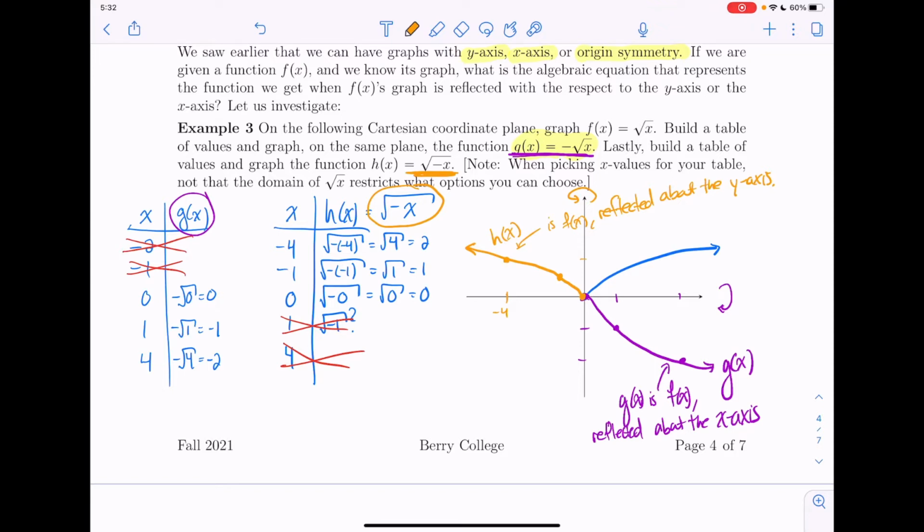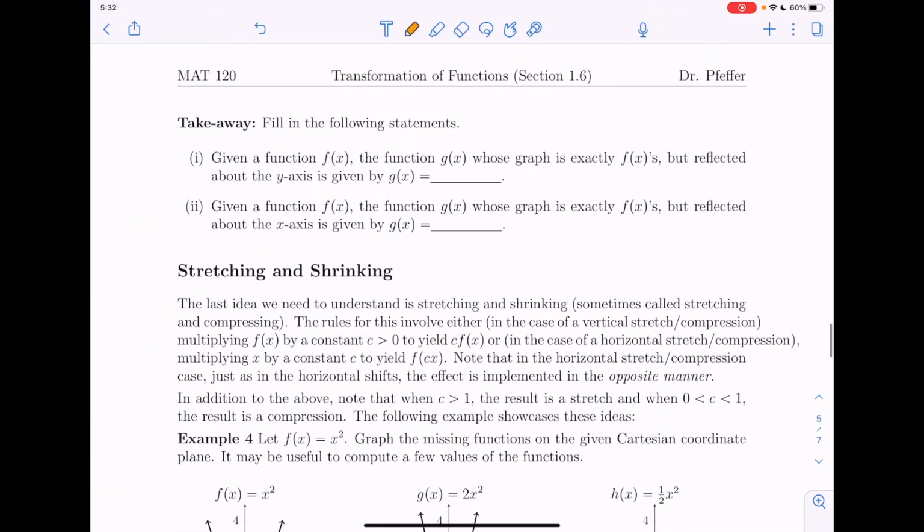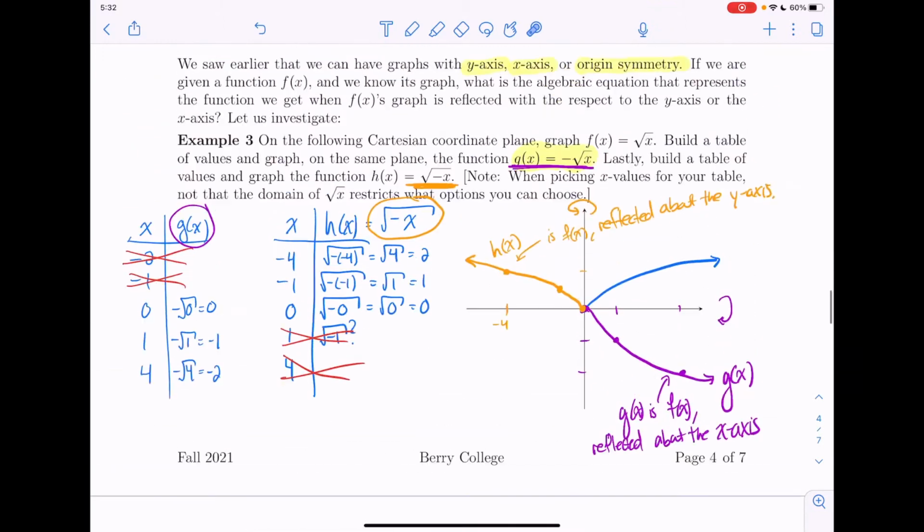So generally speaking, we have the following. If you're given a function f of x, then you see a g whose graph is exactly f's but reflected about the y-axis, then we see it's much like this h. We see that we must have multiplied by a negative on the inside.